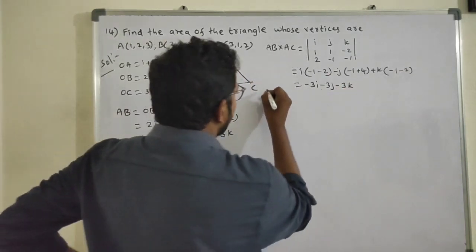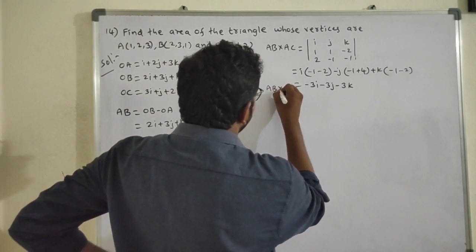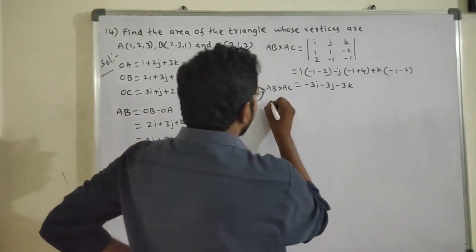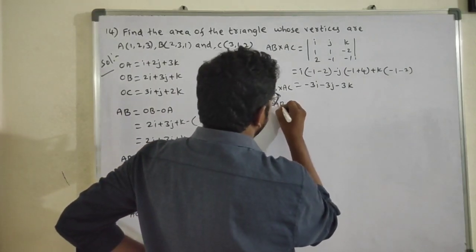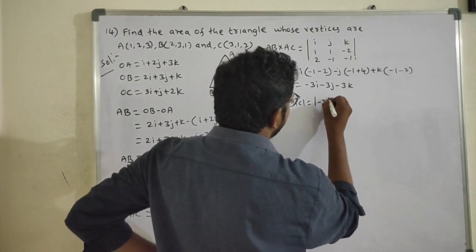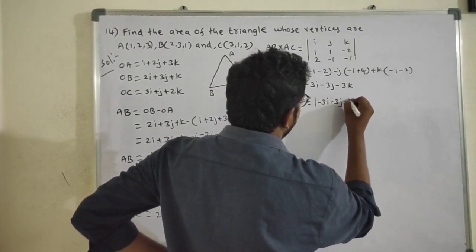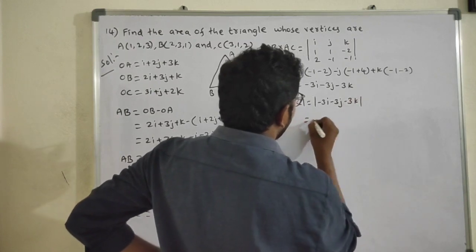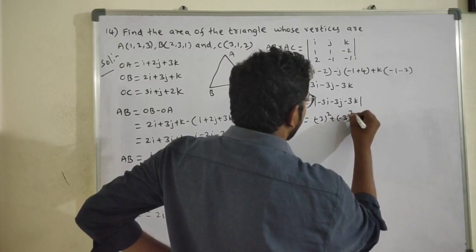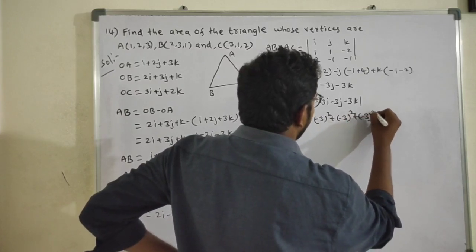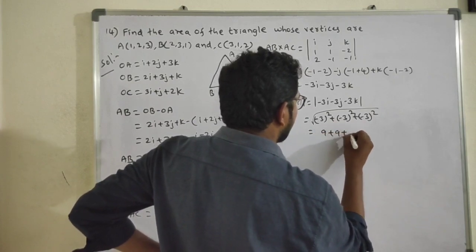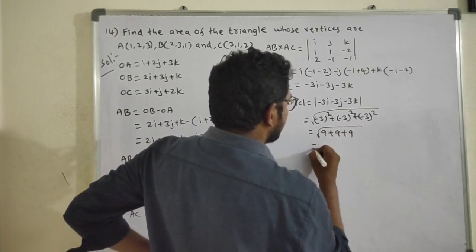AB cross AC is equal to minus 3i minus 3j minus 3k. Now find the modulus of AB cross AC. Modulus AB cross AC is equal to the modulus of minus 3i minus 3j minus 3k, which is the root of minus 3 square plus minus 3 square plus minus 3 square, 9 plus 9 plus 9, under root 27.